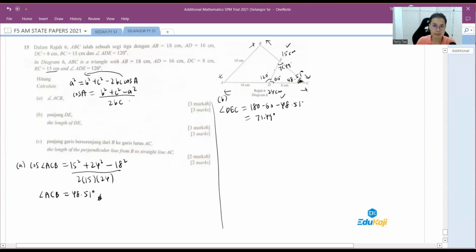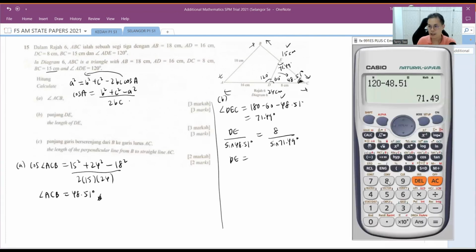Okay, I'm finding DE, right? So we say DE, divide opposite angle. We write sine 48.51. Then the opposite side is 8. We divide by sine 71.49. Whatever I get, I multiply over. Okay, so see, 8 divide sine 71.49.